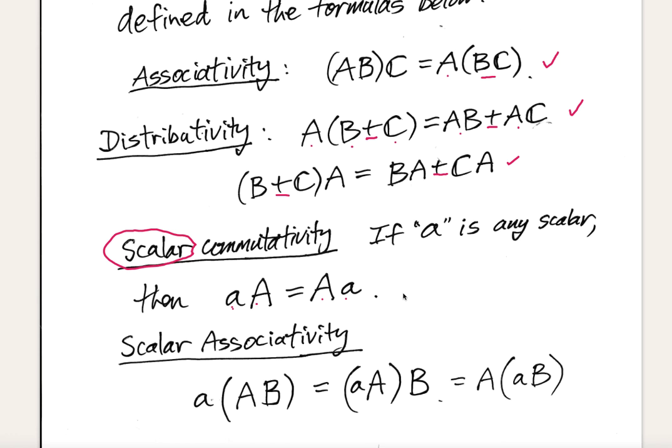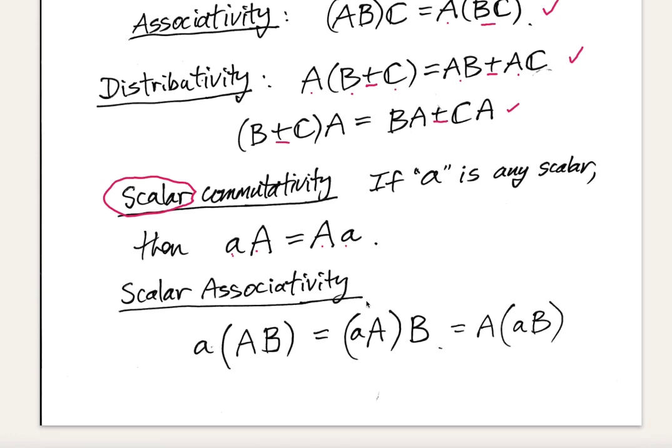Scalar associativity. If I've got a scalar, where little a is any scalar, any real number or complex number depending on the situation, little a times the product AB, you could break this off and have little a times capital A and then take that result and multiply it on capital B, that matrix.